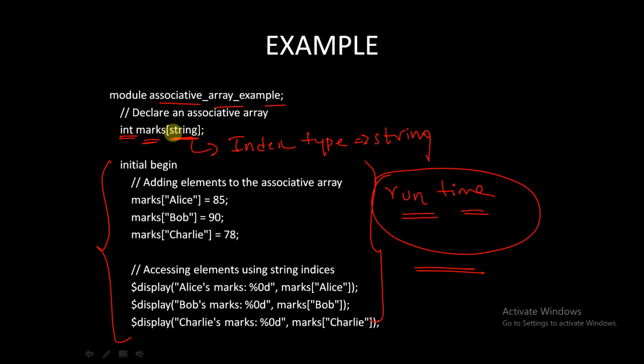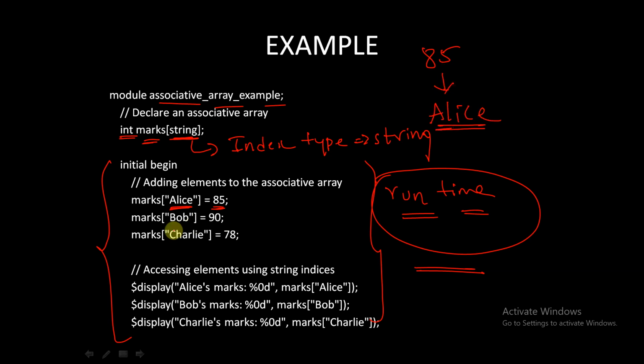See here, we haven't declared any size of this array, and during the runtime we are inserting the elements. With the help of the string alice, we are inserting the element 85.